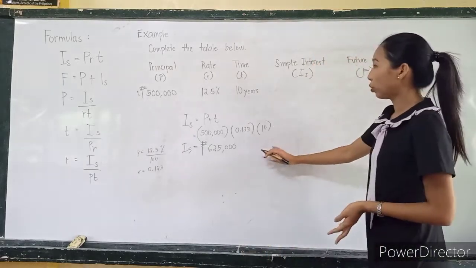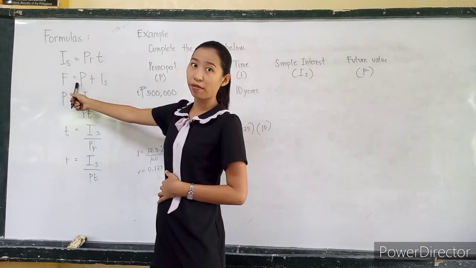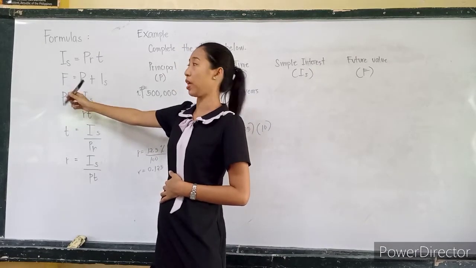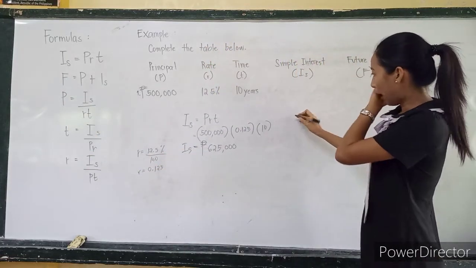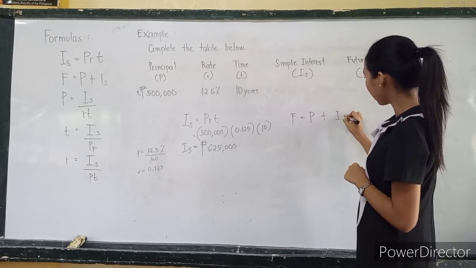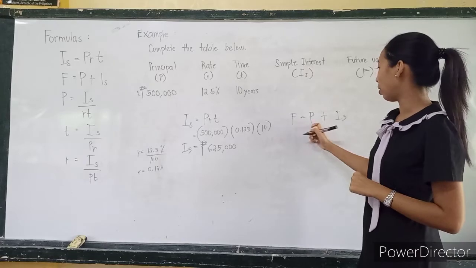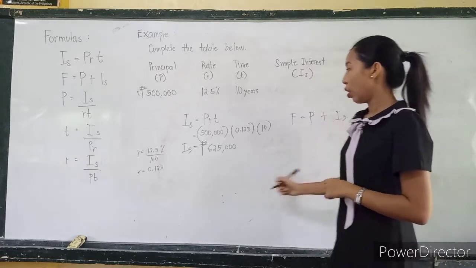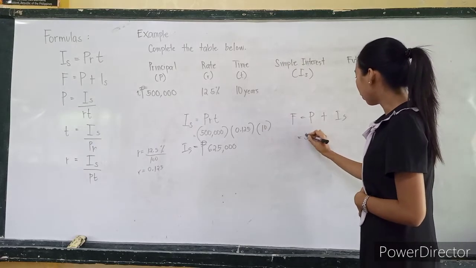So what we're going to do is apply the second formula. F is equal to P plus IS. We simply add your principal and your interest, which we saw earlier. Okay, so this is 500,000.